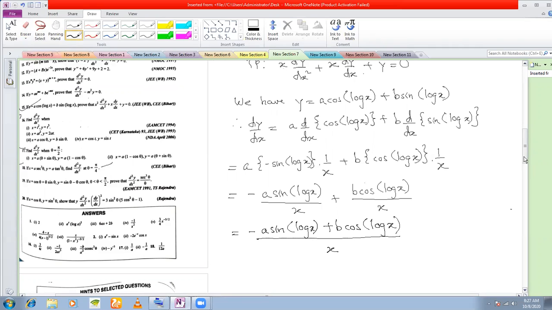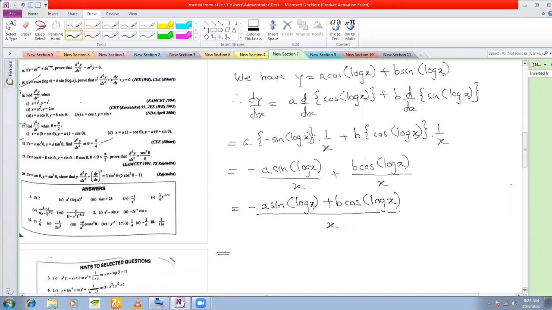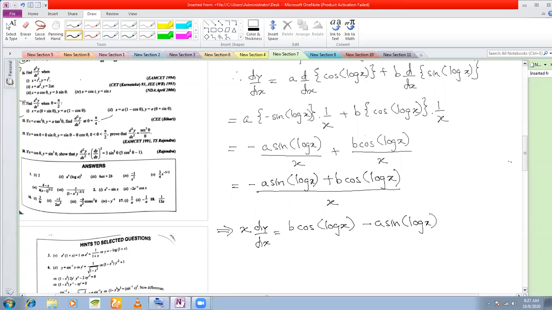Now what you do here is you multiply both sides by x. So what do you get? You get x dy dx, just because I want to remove x from the denominator, equal to b cos log x. I'm just writing the positive sign first, minus a sine log x. Can I write it this way? Yes, just because I want to remove x from the denominator.